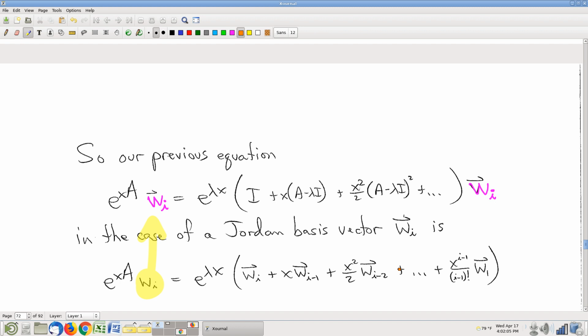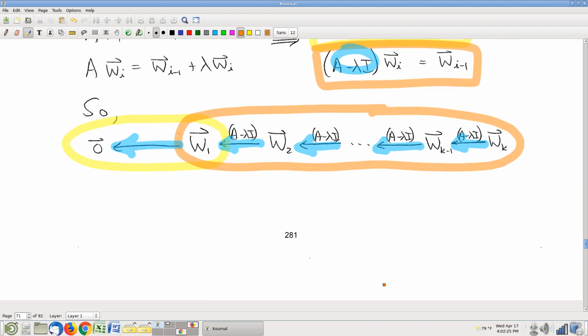So you just keep getting additional factors of A minus lambda I as you move along in this infinite series. Additional factors of A minus lambda I just send you further back in the list of Jordan basis vectors: w_(i-1), w_(i-2), w_(i-3). It keeps going back further and further. You can see it in this list.